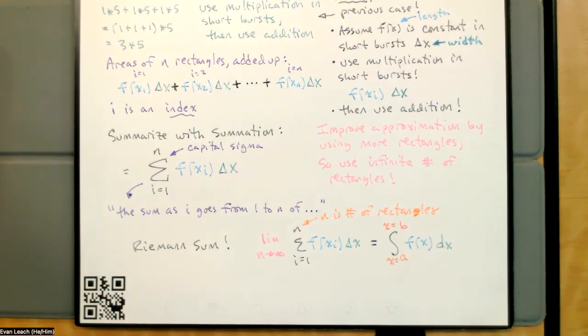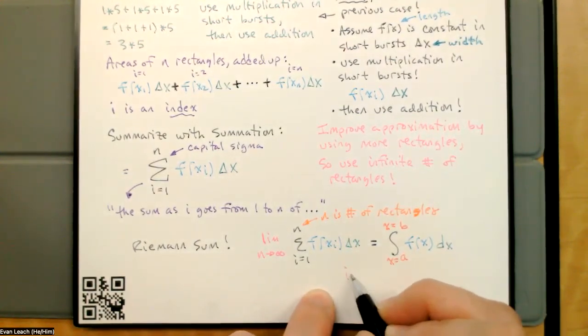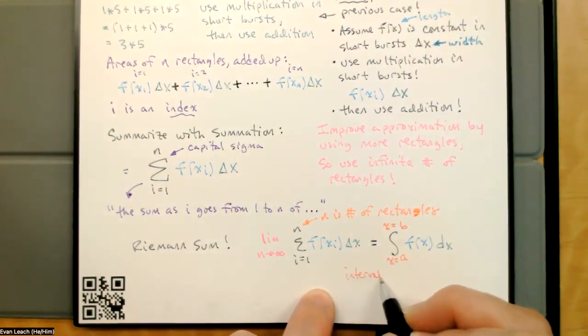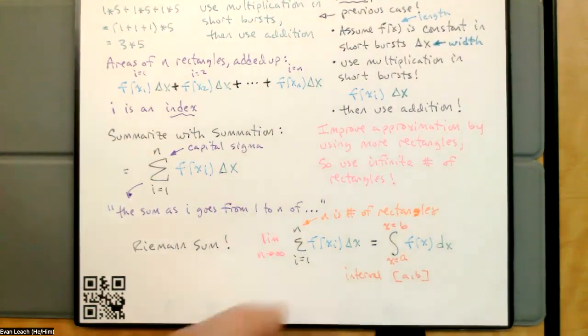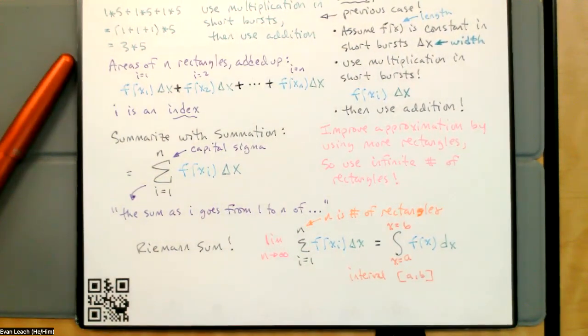Remember, the idea is we want to find the area under a curve and above an interval on the x-axis. So we would say that this is the integral, the definite integral from a to b of f of x dx.